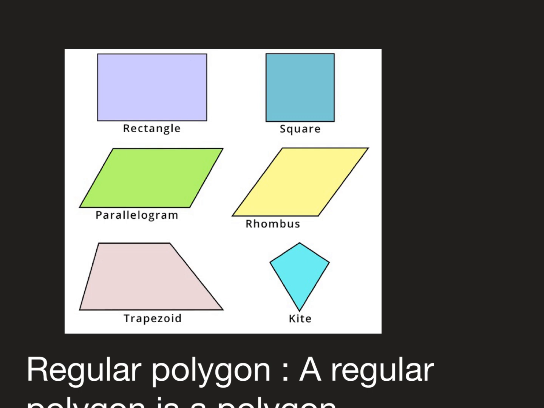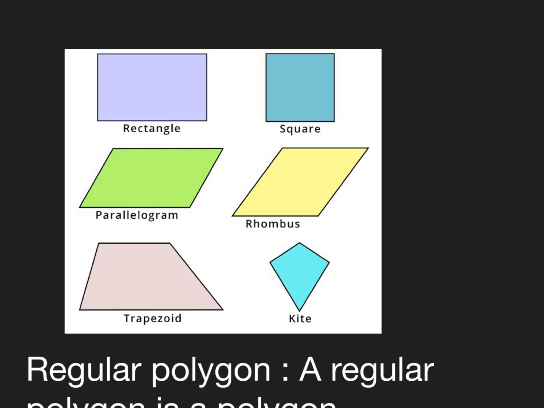But for a parallelogram, the two opposite angles will be 180 degrees. So each angle is not exactly 90 degrees. A rhombus is somehow similar to a square, but the angles are not exactly at 90 degrees. We have a trapezium and a kite. So these are the four-sided figures, and four-sided figures are called quadrilaterals.